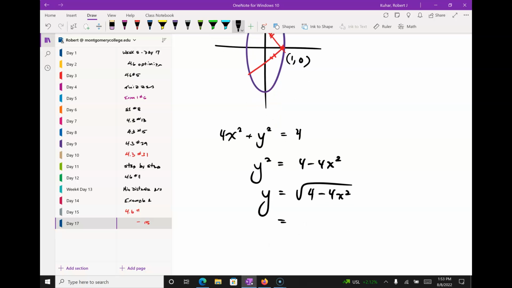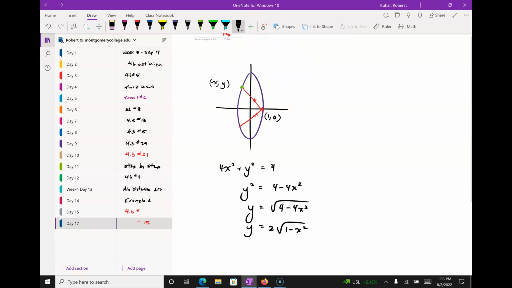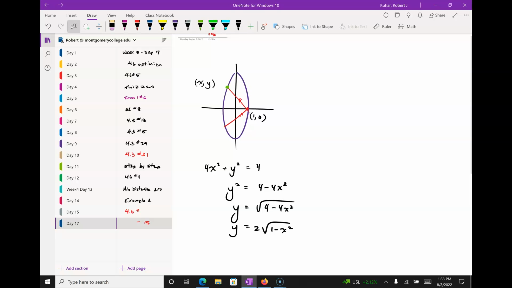And I certainly could make that 2 square roots of 1 minus x squared. So that's 1 point, and the other point is 1, 0.